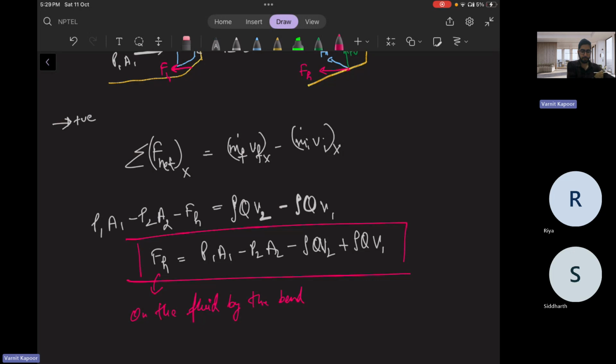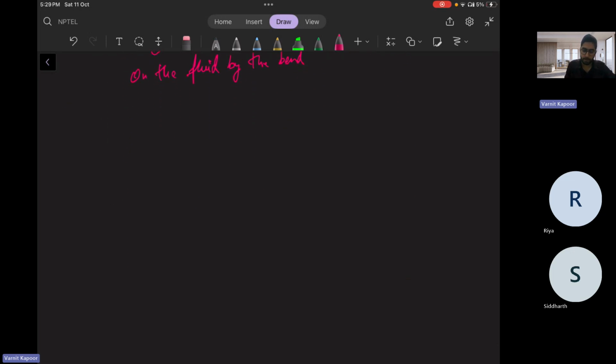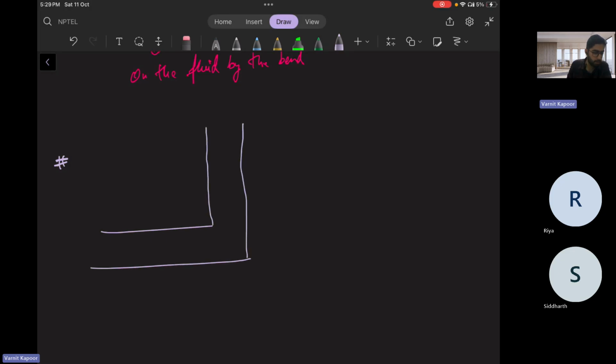Next scenario, suppose I have a bend like this. Next example. Again we assume a small element of fluid. P1A1 will be acting like this.